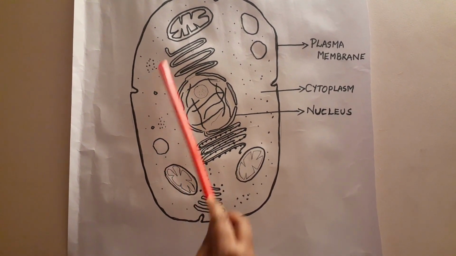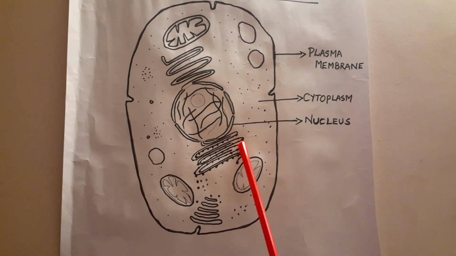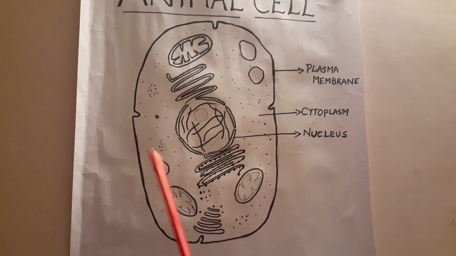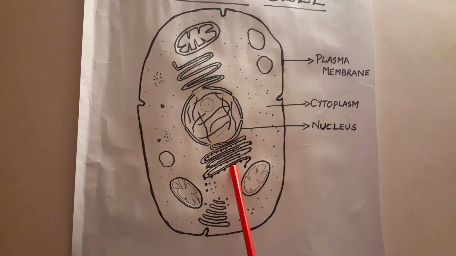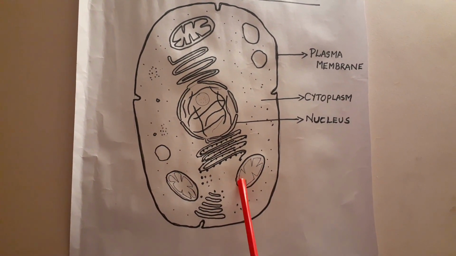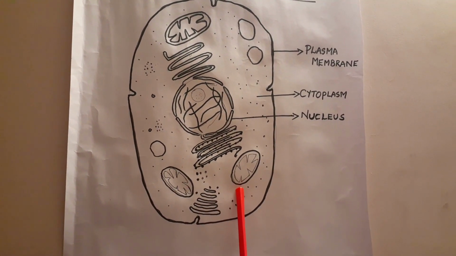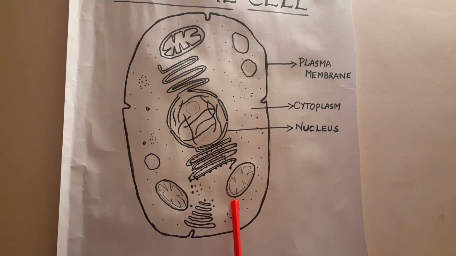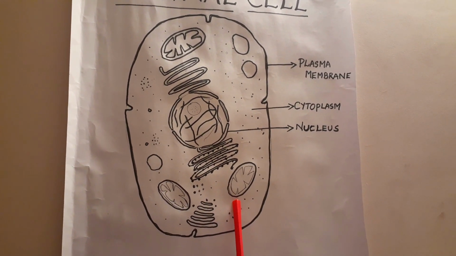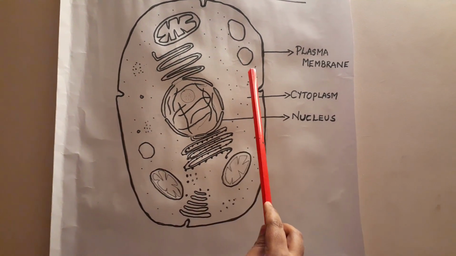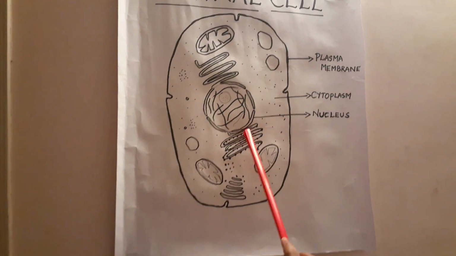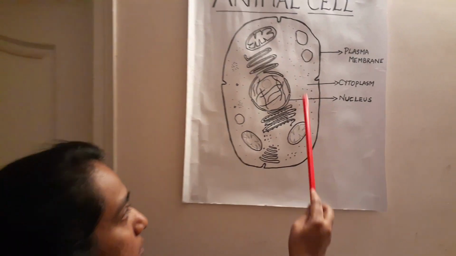So many things which have different functions are embedded in this cytoplasm. Next class we will see about these cell organelles. In the case of prokaryotes, we already studied eukaryotes and prokaryotes. In the case of prokaryotes, the nuclear membrane will be absent and all cell organelles will be absent.